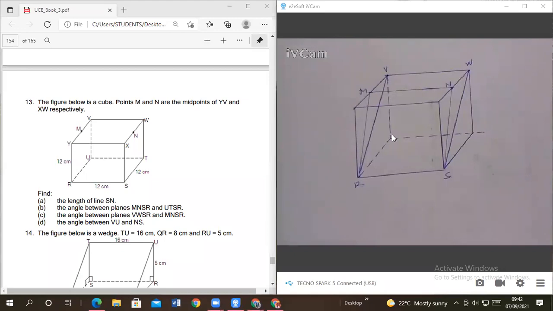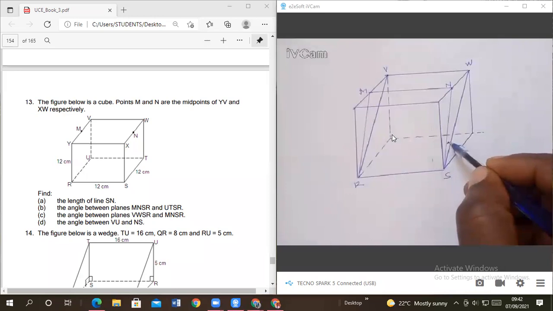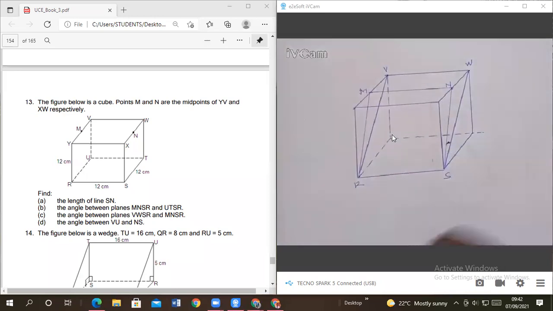The angle they want is this angle here, in between the planes VWSR and also MNSR.